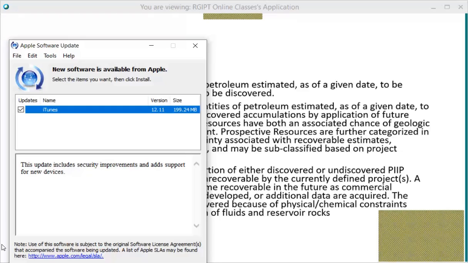Prospective resources have both an associated chance of geologic discovery and a chance of development. Prospective resources are further categorized in accordance with the range of uncertainty associated with recoverable estimate, assuming discovery and development, and may be subclassified based on project maturity.